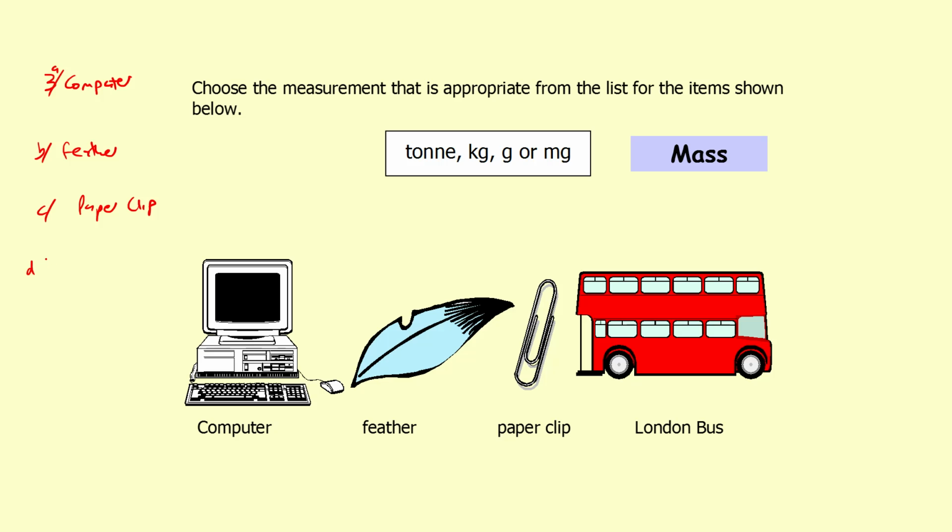We've got a London bus. So hit pause, put in the measurements for weight this time, for mass. Once you've done that, hit play again.